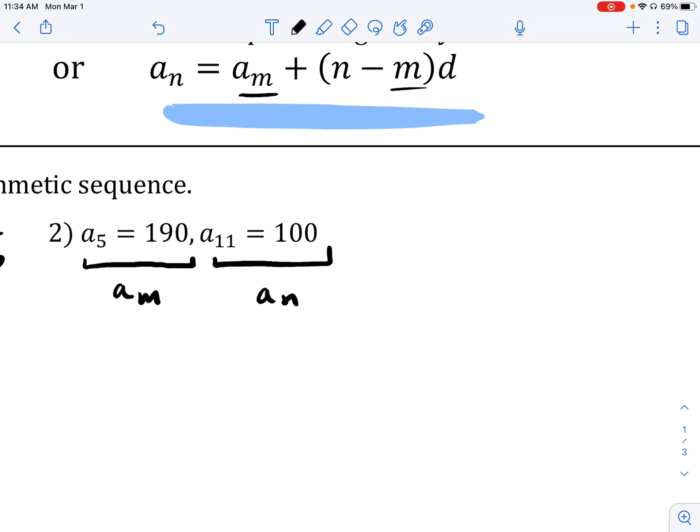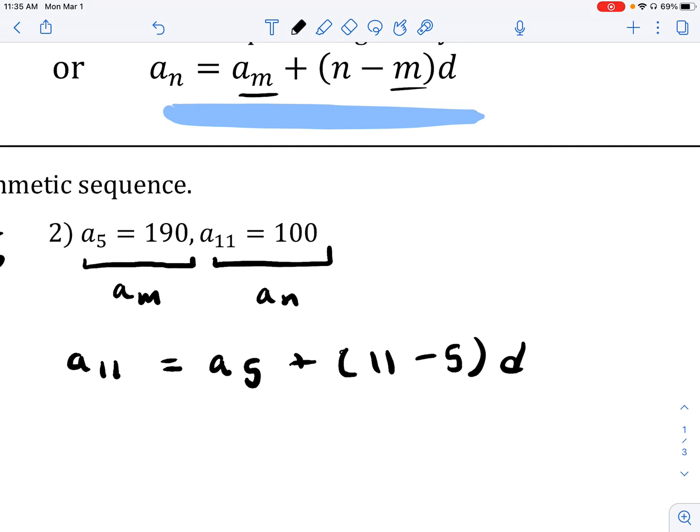You can actually flip these around and still get the same thing. But if a sub n, in this case a sub 11, is equal to a sub m, which is a sub 5, plus. Now, what is the difference in order between a sub n and a sub m? What is n minus m? This would be 11 minus 5 times d.